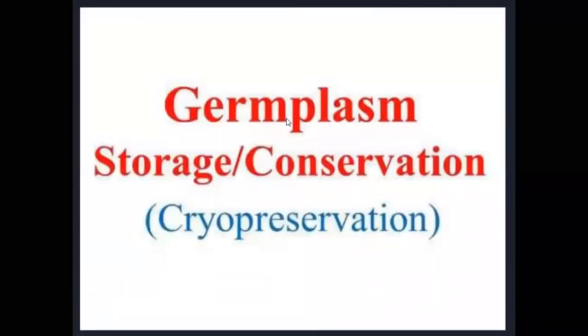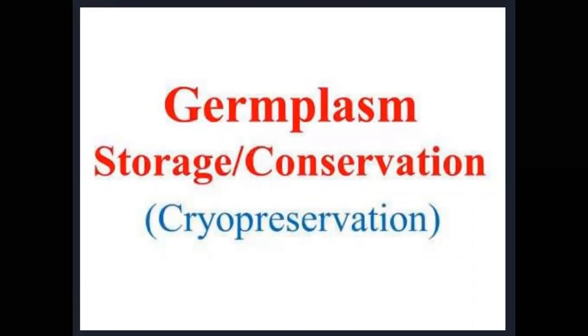And the germplasm storage. Germplasm storage means in future days we follow genetic storage banks. Genetic storage banks means some endangered endemic species germplasms are stored in liquid nitrogen at minus 196 degrees Celsius.